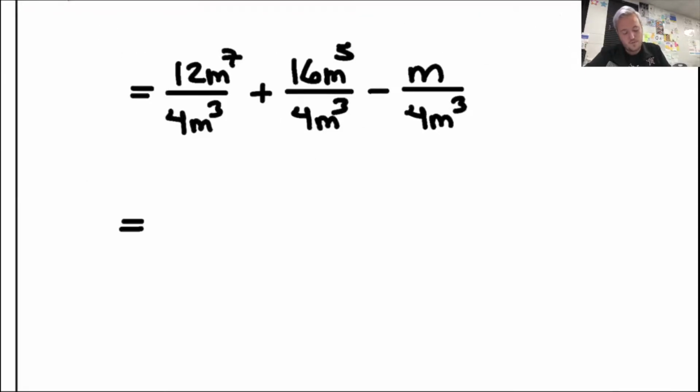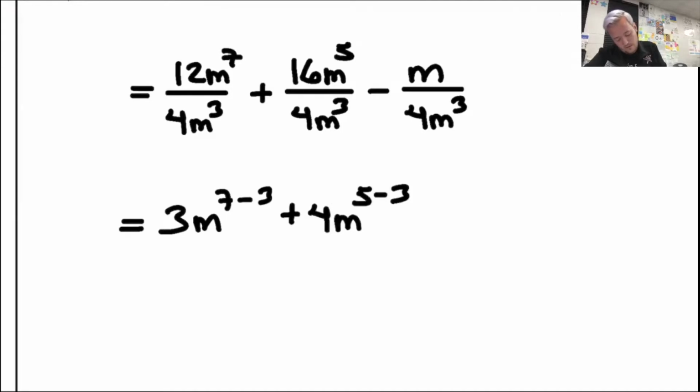So for the first one, we're going to have 12 divided by 4, which is 3. Then I'm going to have m to the 7 minus 3. Then plus 16 over 4, which gives you 4, then m to the 5 minus 3. Then minus 1/4 m to the 1 minus 3. Notice how over here, we don't have a number in the top to compare the 4 with, so we just assume there's a 1.